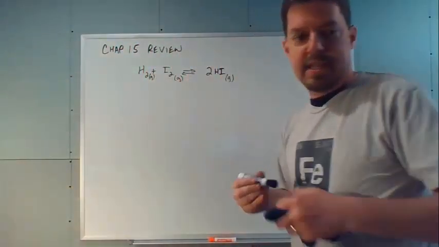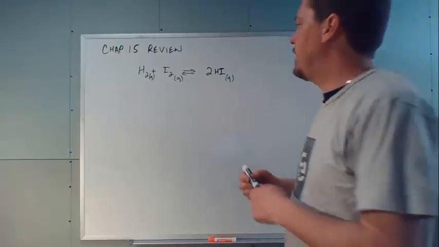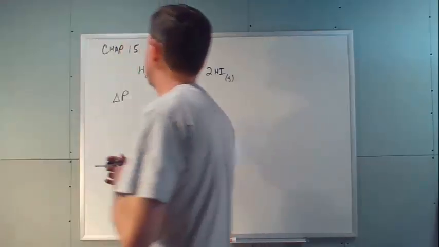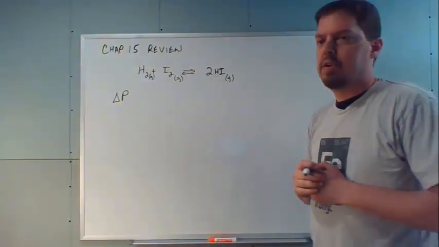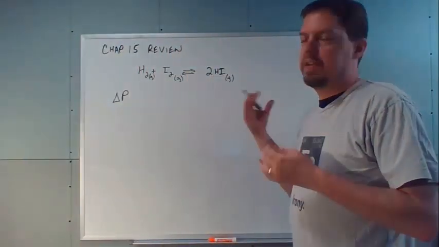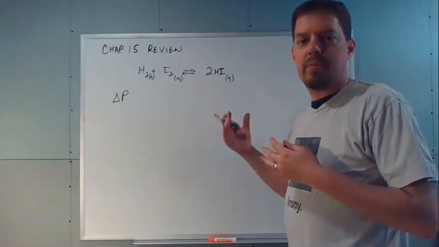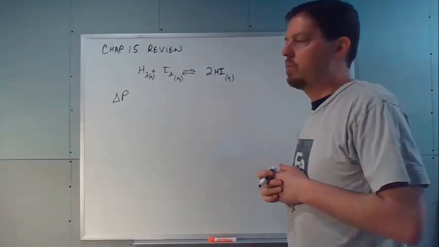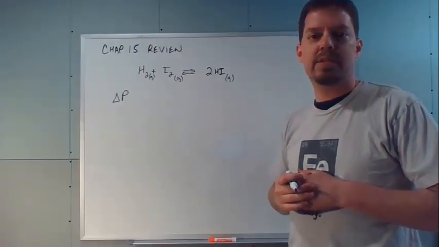All right, the first thing that we can look at here is, well, what if we change the pressure? Changing the pressure is always going to shift it one way or the other based on the number of moles. Now, this is a horrible reaction for that, because if you look at this very quickly, your moles of gases are the same on both sides.